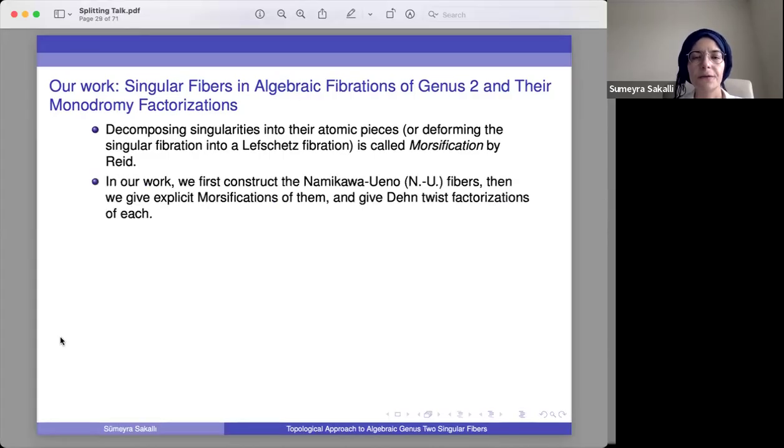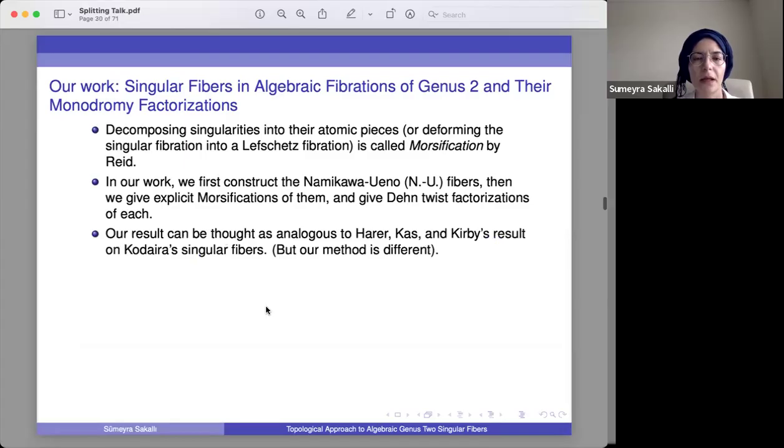And in our work, we first construct the Namikawa-Ueno fibers in the first group, having finite order monodromies. And then for those, we give explicit morsifications of them. We deform all of them into Lefschetz fibrations to be able to talk about symplectic four-manifolds. And then we give the Dehn twist factorizations of each of those fibers and fibrations.